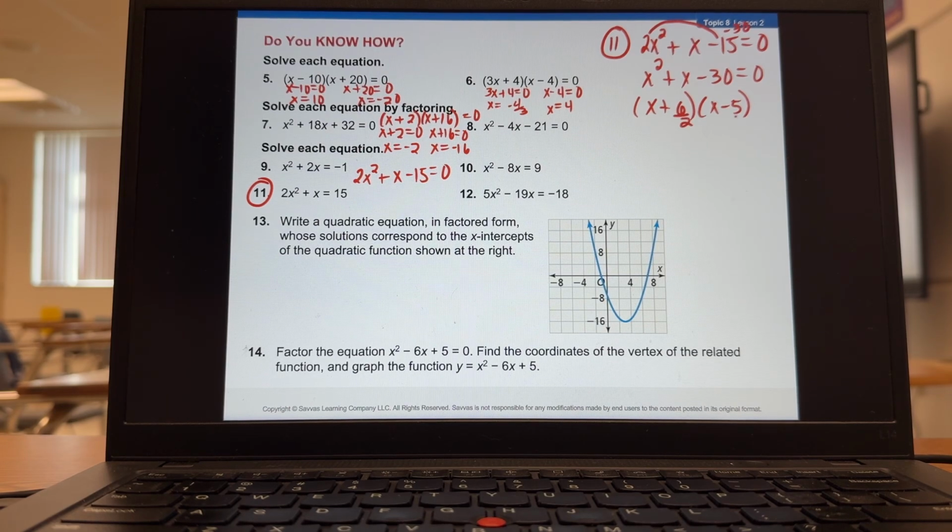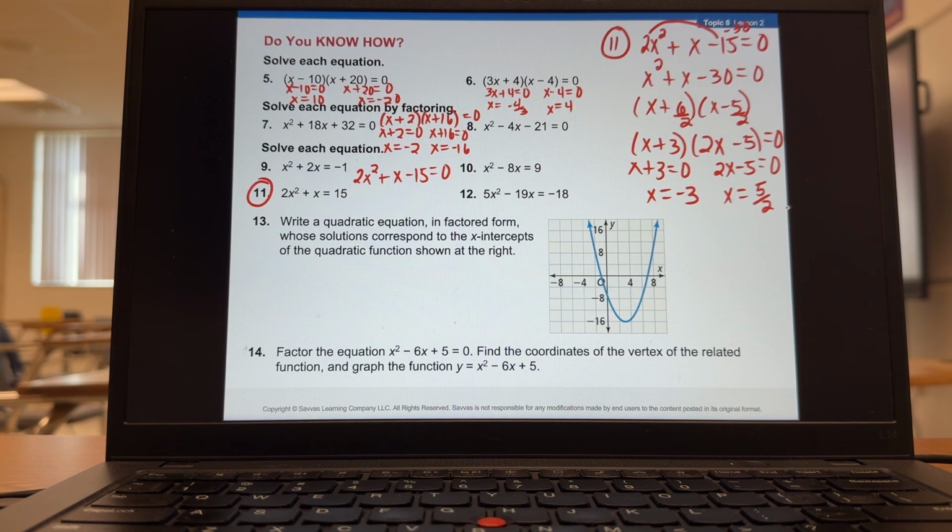Slide the 2 back under, that becomes x plus 3, that becomes 2x minus 5. x plus 3 equals 0, 2x minus 5 equals 0, x equals negative 3, and x equals a positive 5/2.